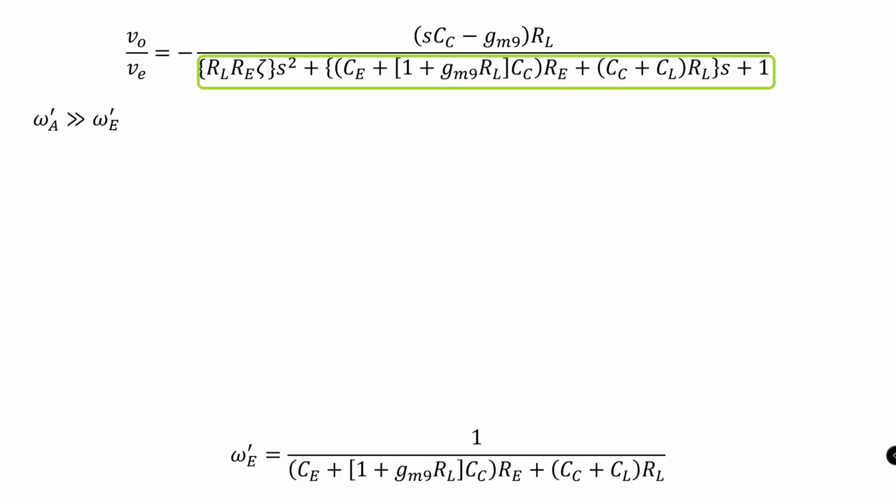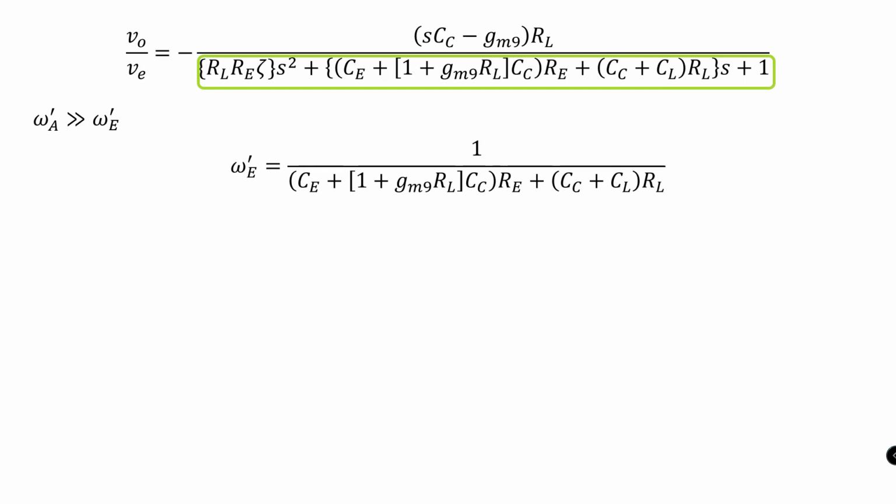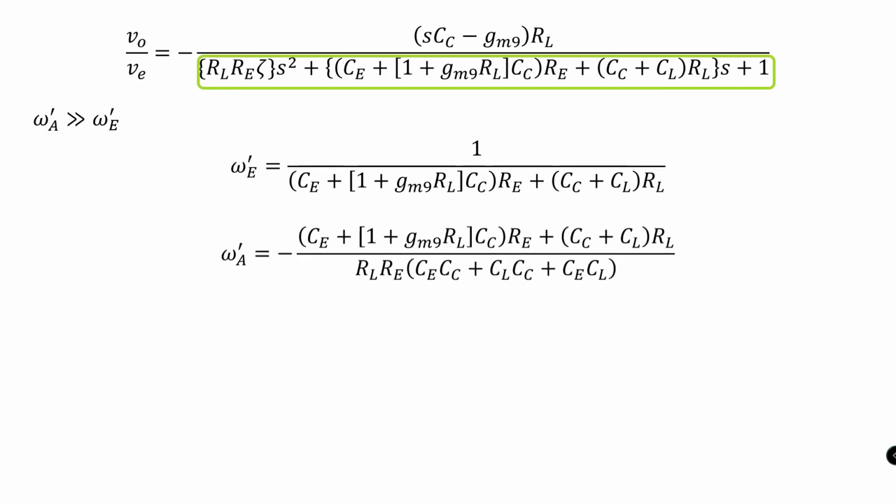Now, let's compare these pole expressions that we have derived after placing the Miller capacitance with the pole expressions that we got before placing the Cc capacitor.